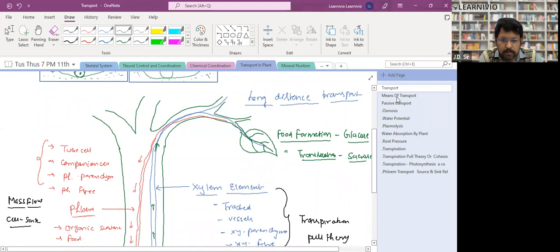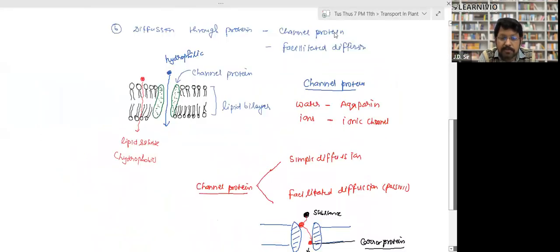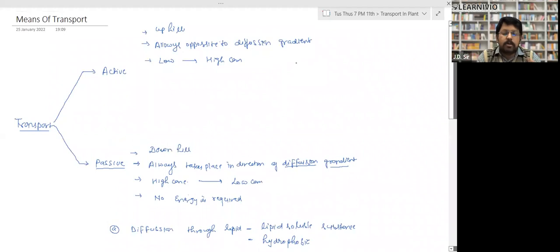Now the means of transport, right? What are the means of transport? This is very, very important. How many means are used in transport naturally? Transport is basically of two types: first, active transport, and second, passive transport, which we have studied.